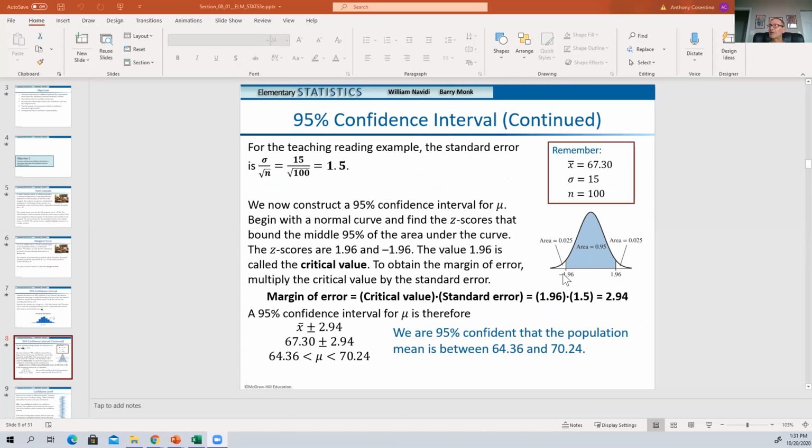Depending on the type of confidence interval, which is that area, if it's 90%, it's going to be a different z-score. If it's 99%, it would be a different z-score, et cetera.